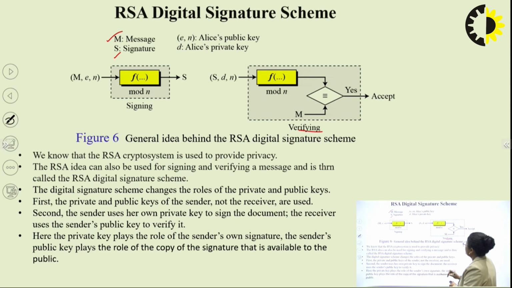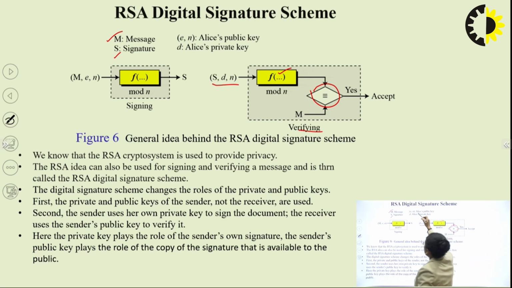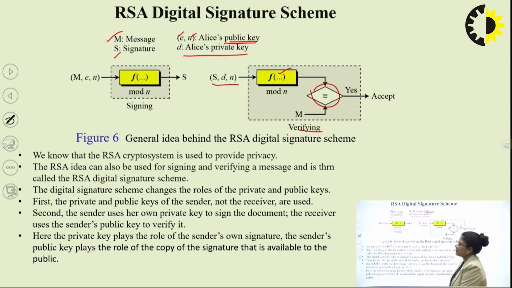In the verifying part, the function takes S, D, and N as input, and the output is used for verifying whether the signature is authentic or not. E and N are the public key of Alice, and D is the private key of Alice. We have already learned in RSA for crypto system that E and N are public keys and D is a private key.